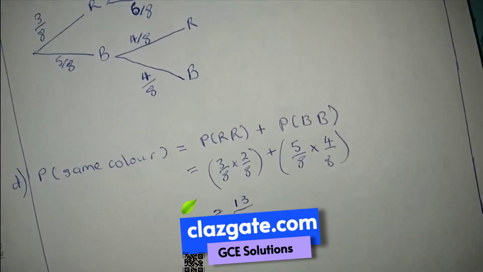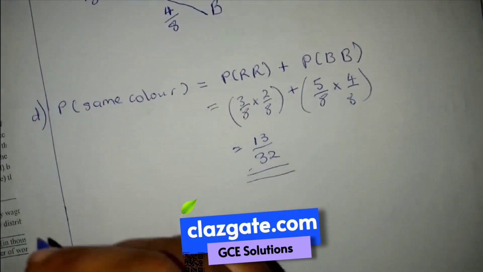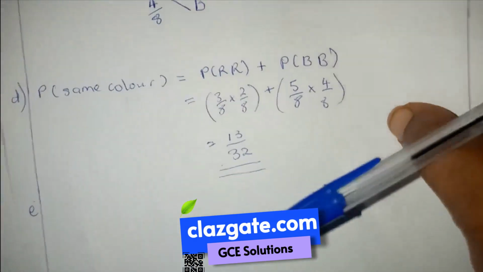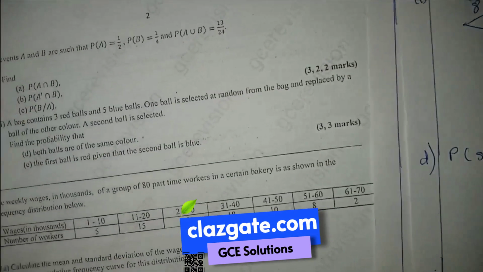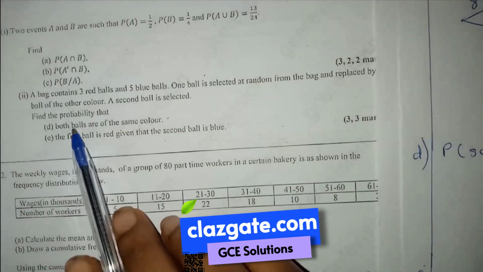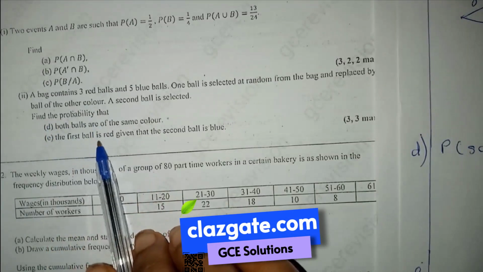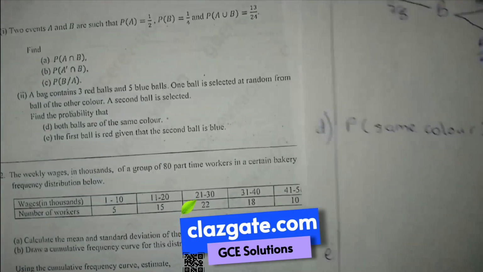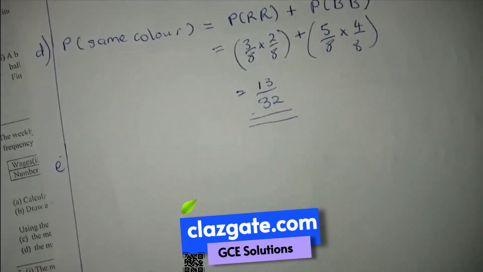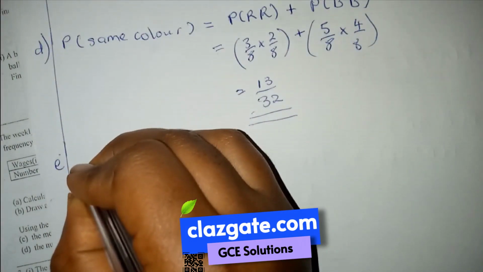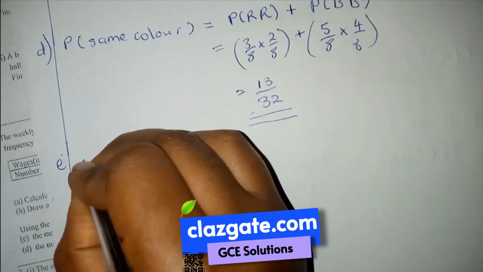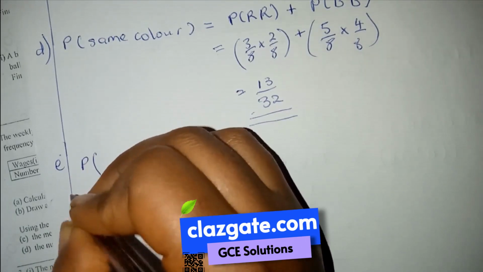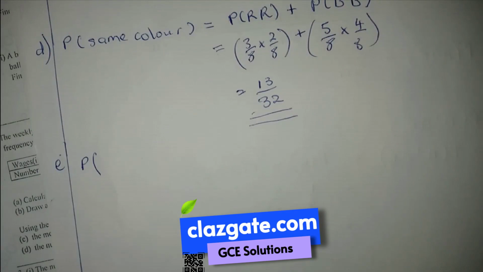And then for E, what is E asking us? E is asking us to find the probability that the first ball is red given that the second ball is blue.